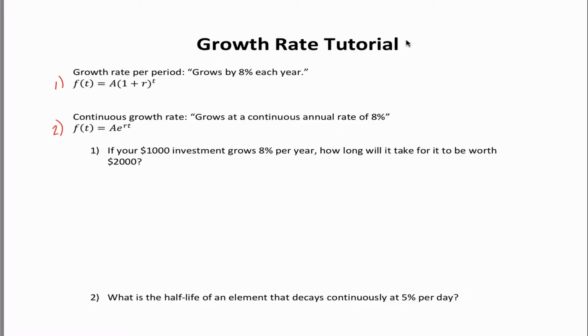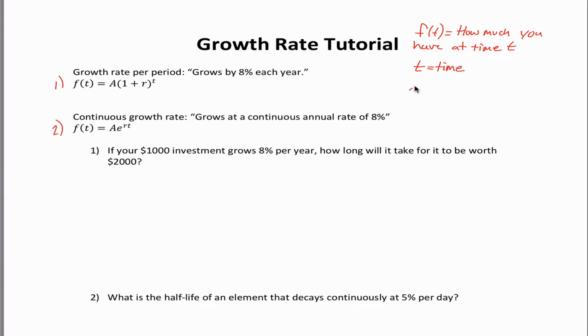So what you need to know is that in either case, the f of t tells you kind of how much of the thing, whatever you're talking about, you have at time t. So how much you have, or there is, at time t. And as it says here, the t in these equations is just going to be time.